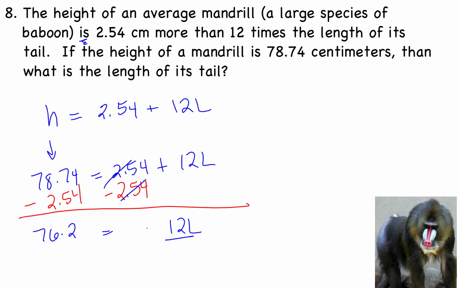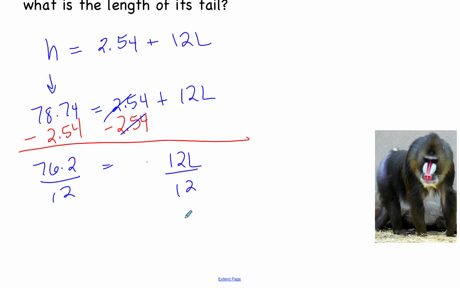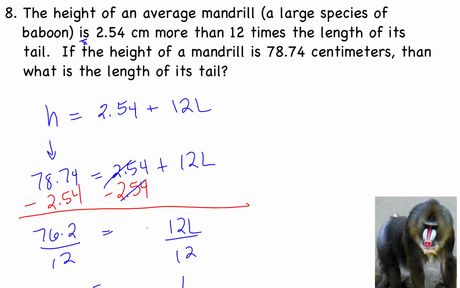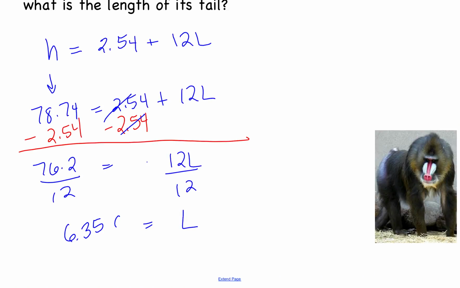And now we need to divide both sides by 12 to get that L alone, giving us a length of his tail equal to 6.35. And our units were centimeters, so 6.35 centimeters.